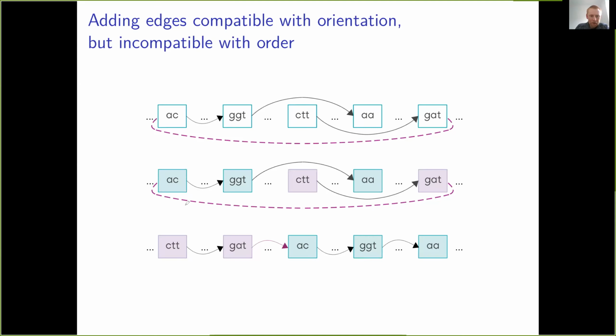To make this modification, we first identify all the nodes within this interval between these two ends of the edge that are reachable from the inside node of this edge.